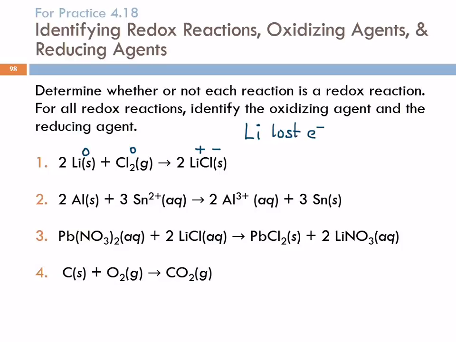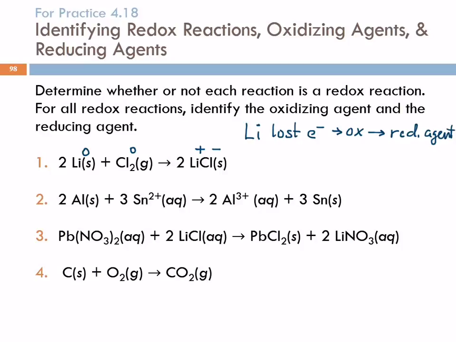Oxidation is loss of electrons. So this is oxidation. So what kind of an agent is it? It's a reducing agent. It lost electrons, it was oxidized. It is causing the reduction of something else.